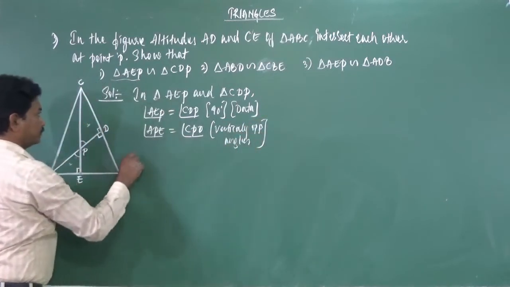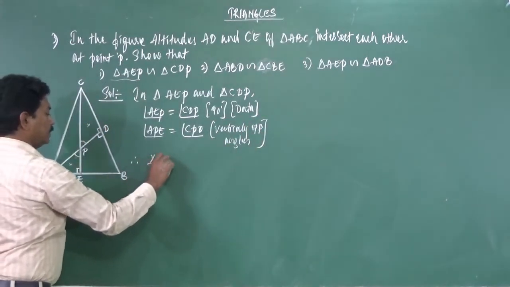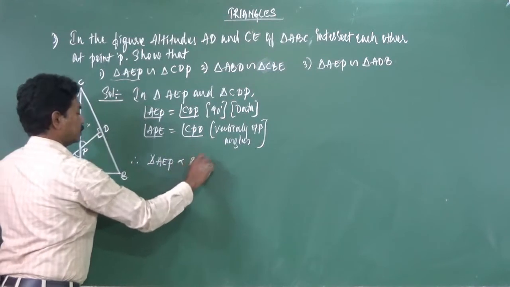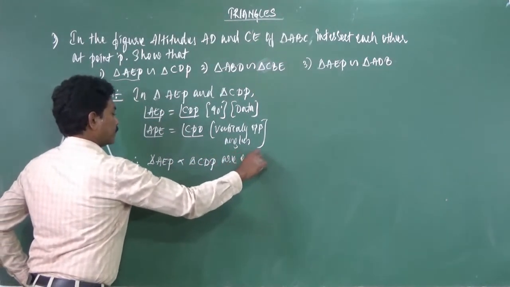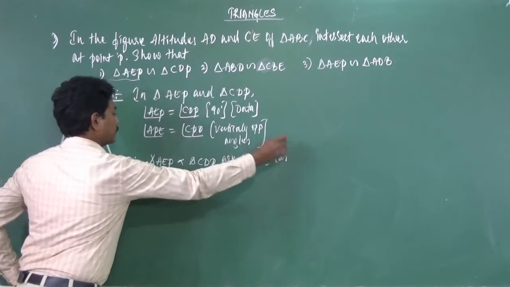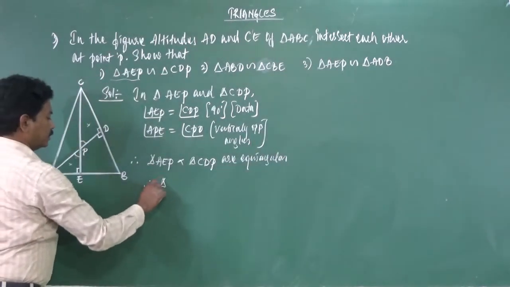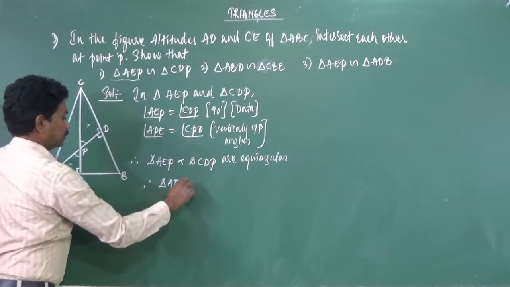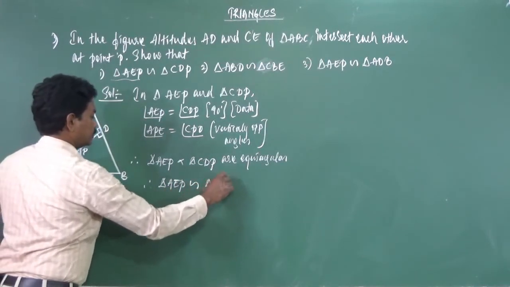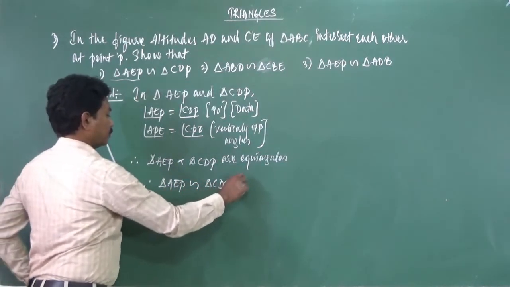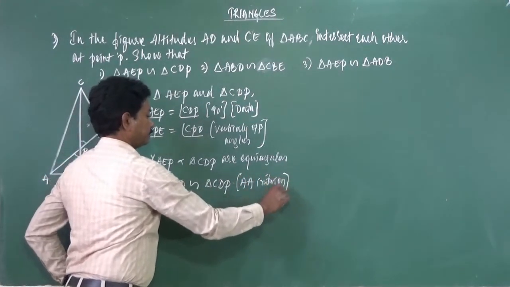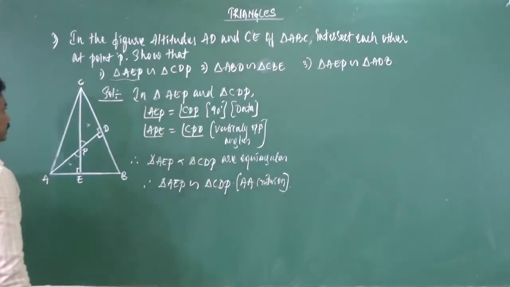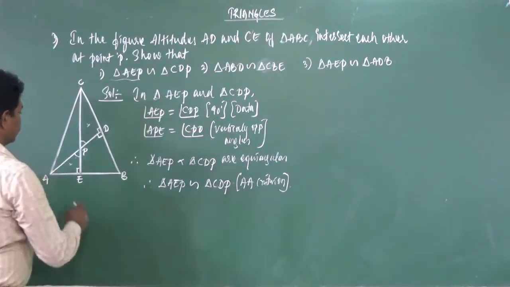So therefore triangle AEP and triangle CDP are equiangular. So therefore triangle AEP is similar to triangle CDP on the basis of AA criterion. So okay, let us get to the second question here.